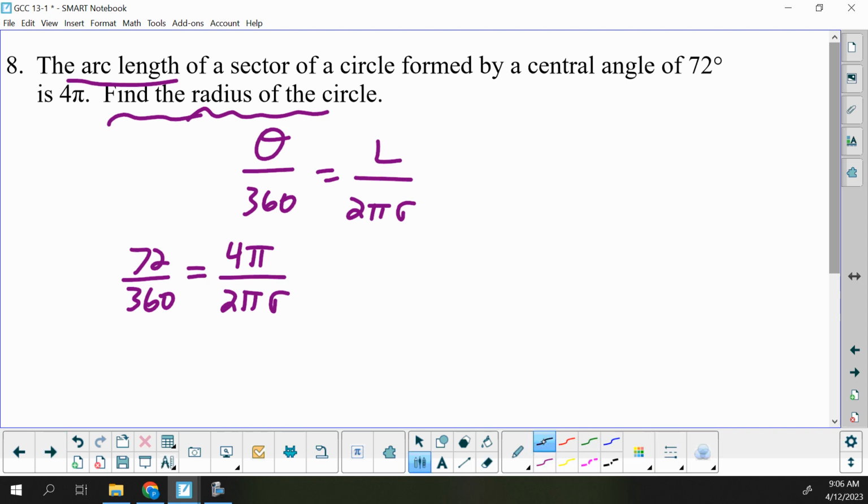You can either divide the pi's out now or wait till later on. I'll wait till later on, I guess. When you do the 2 pi times the 72, that'll give us 144 pi r. When we do the 360 times the 4, we'll get 1440, and we'll tack the pi on.